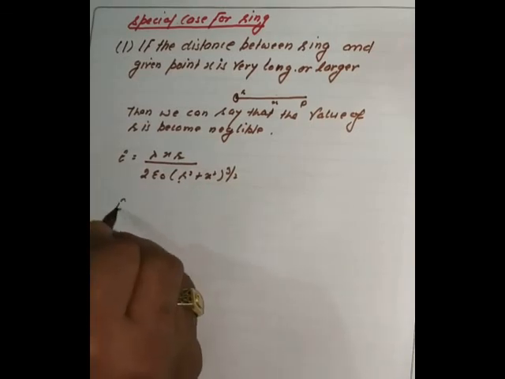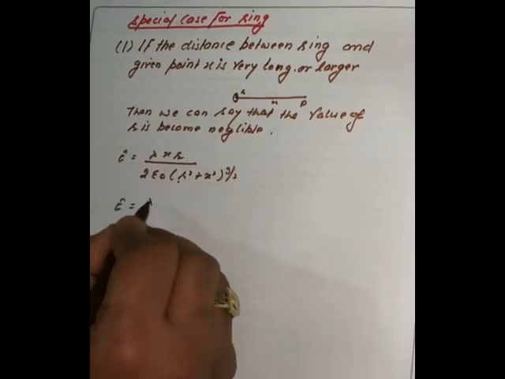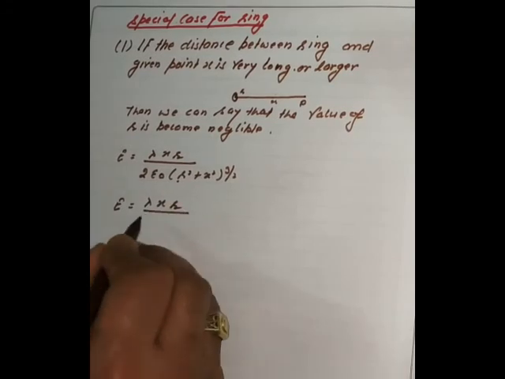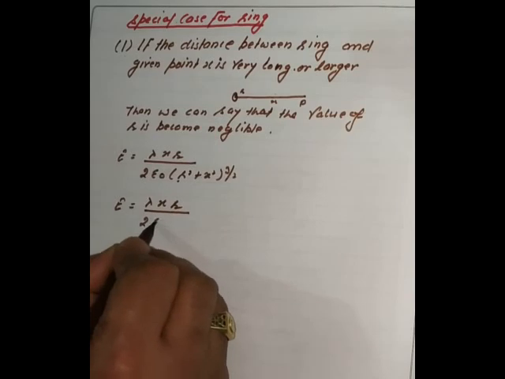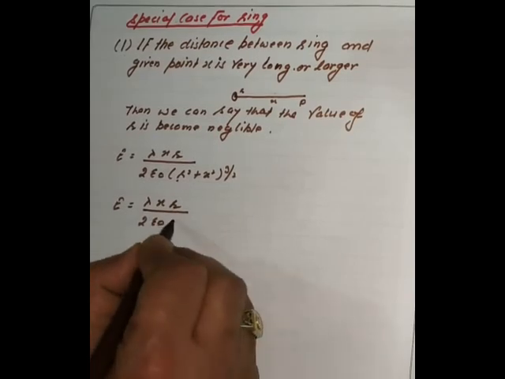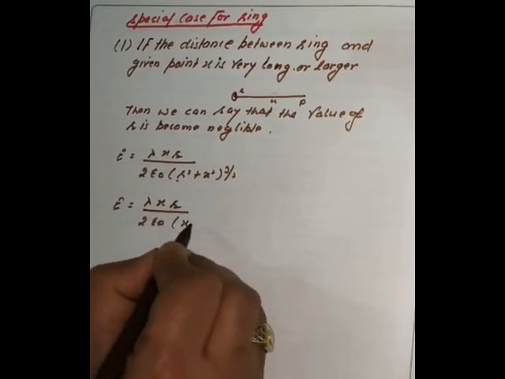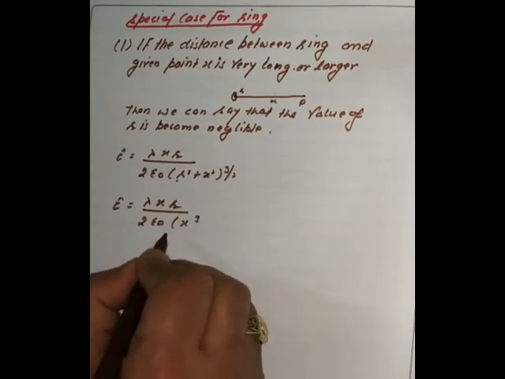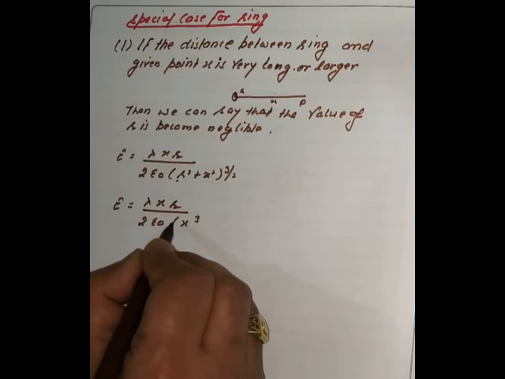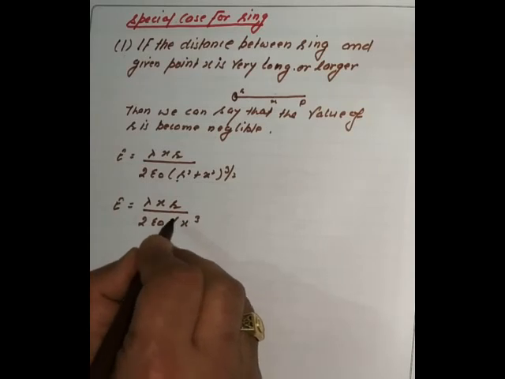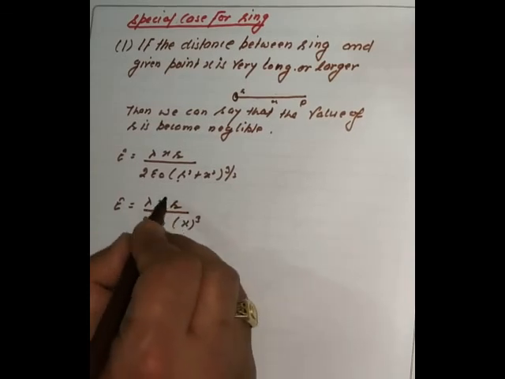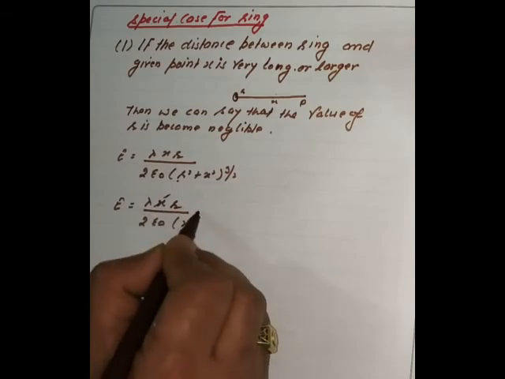So electric field E becomes lambda x r upon 2 epsilon naught x to the power 3, or x cube. So this x cube value should be cancelled out by this one.